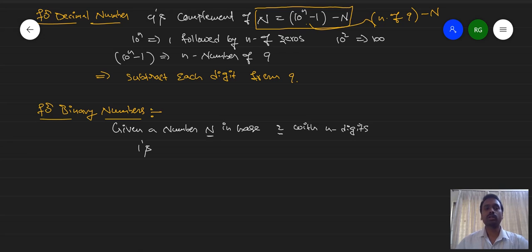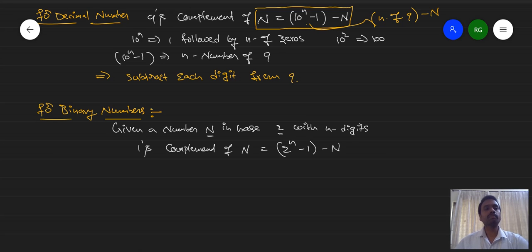So the 1's complement of N, where N is my binary number, is given as 2 power n minus 1 minus N. In the general formula, it is r power n minus 1 minus N, where r indicates the base of the number system.